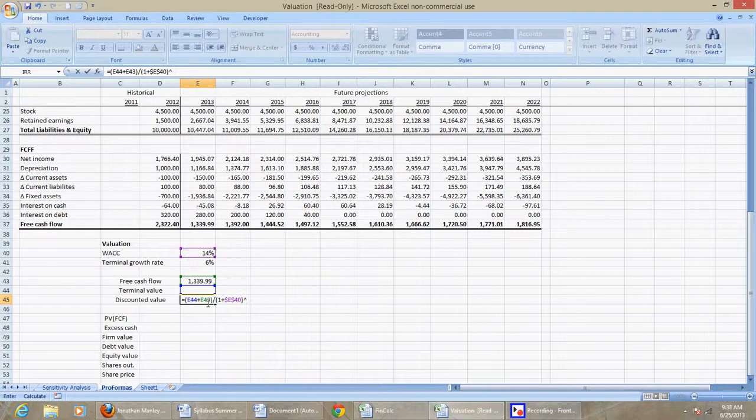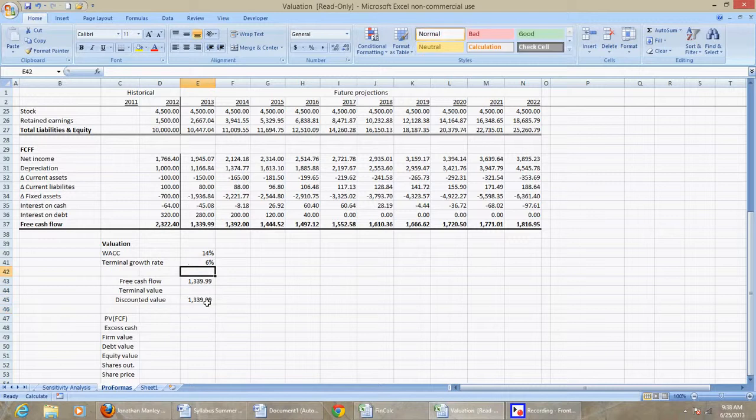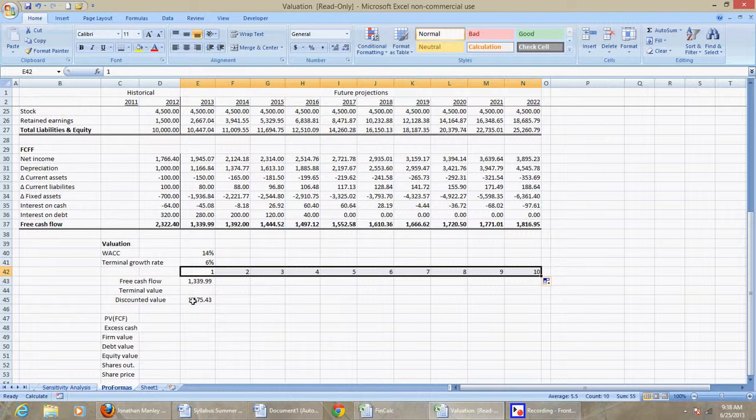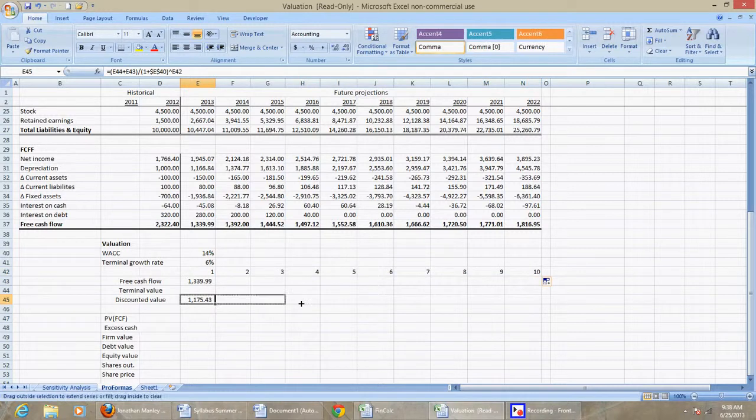I'll raise that to the power of the year. I'm going to put the year right here. So this is year 1. Oh, I don't want to do ones. I want to make Excel recognize what I'm trying to do here. I'll go for these 10 years. Do my discounted value.